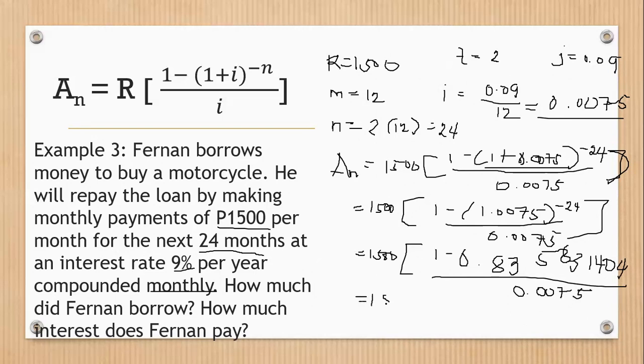Next po is 1,500. 1 minus 0.835831,404, we can have 0.164,168,596 divided by 0.0075.